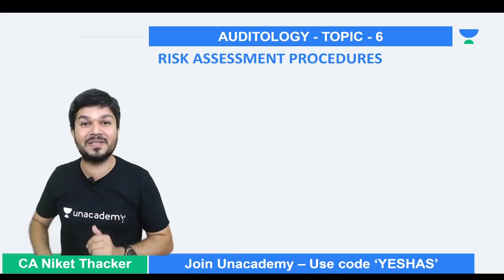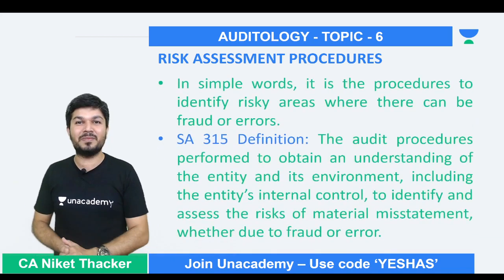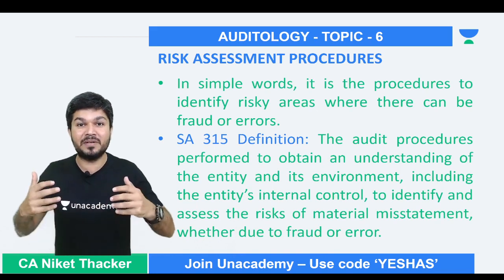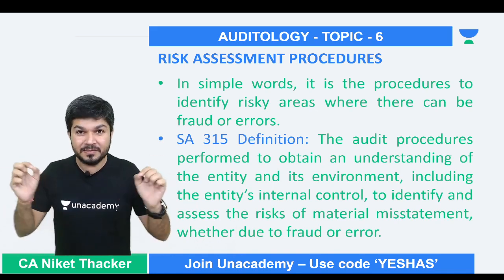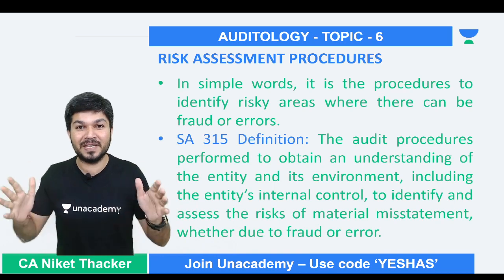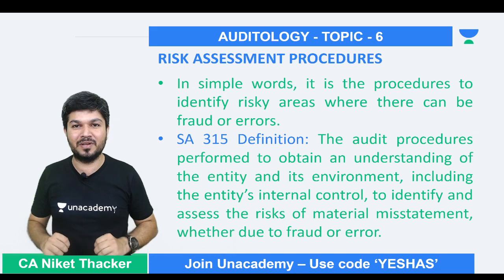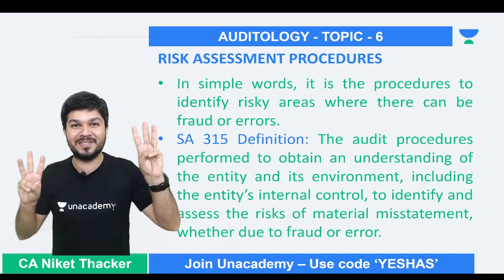So today's term is risk assessment procedure. Simple words, it's a procedure to identify risky area where there can be a fraud or error. SA315 says you identify risky area by understanding entity, environment, internal control. Obtain understanding of entity, environment, internal control.